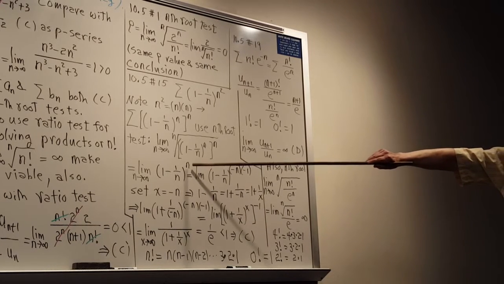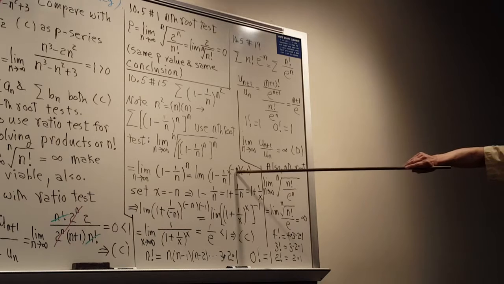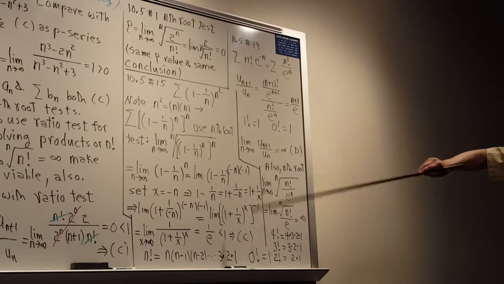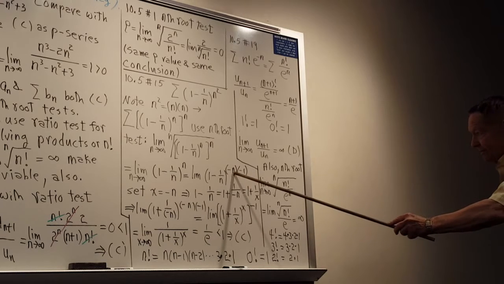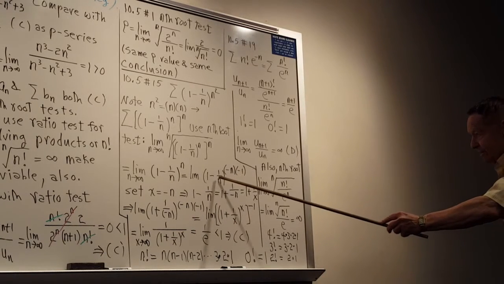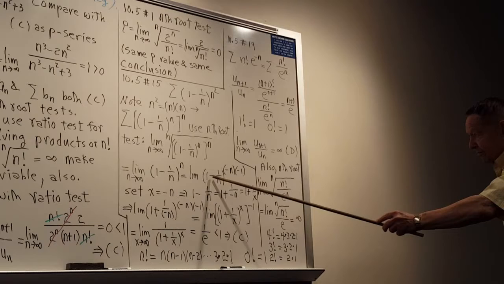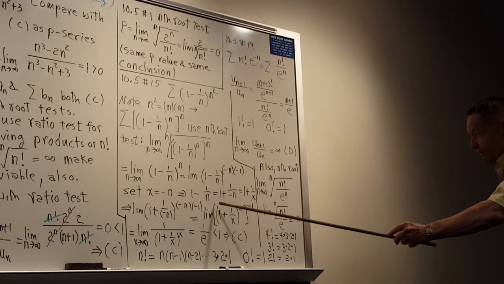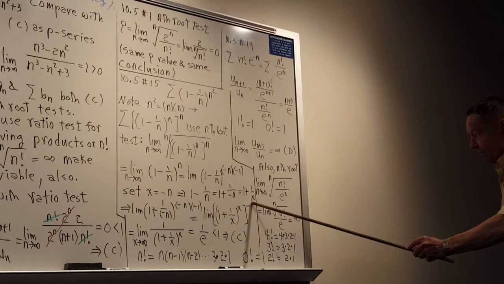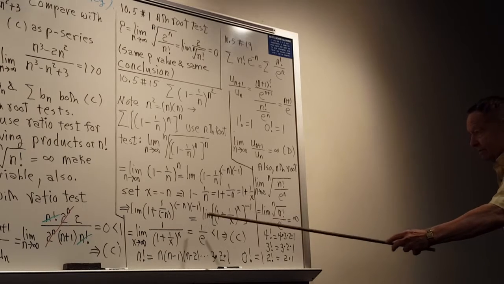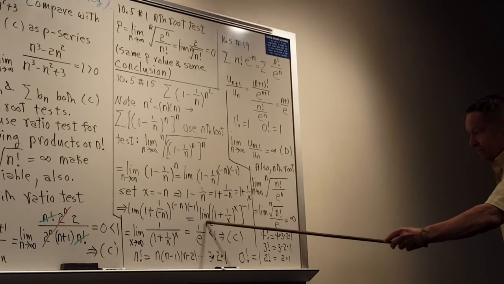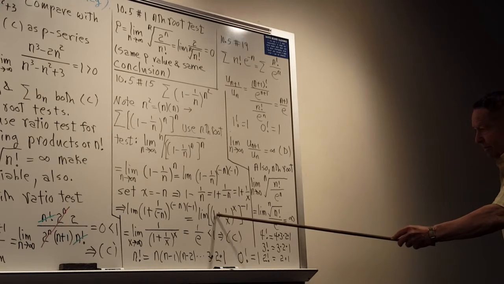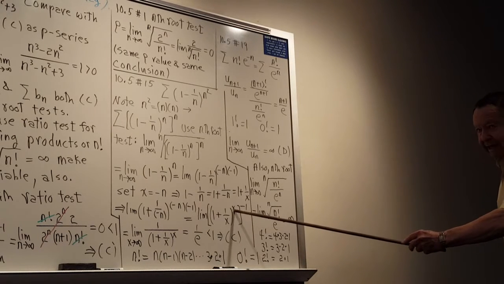And if you want to do it by algebra, you can say that n is minus n times minus 1, and then if you set this equal to x, minus 1 over n will be plus 1 over x. So then this thing becomes the limit as x becomes infinite of 1 plus 1 over x to the x.